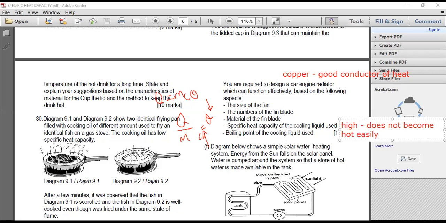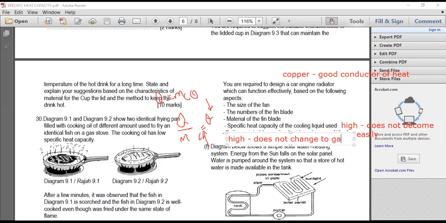And then boiling point of the liquid, boiling point must be high. Reason: does not change to gas easily. Because why?